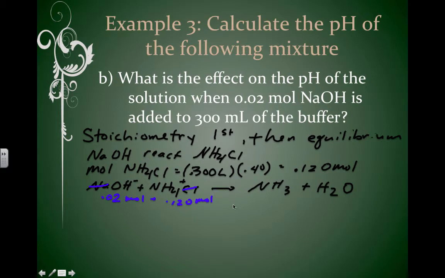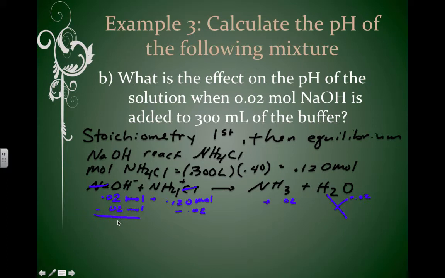It's a 1-to-1 mole ratio, so we know that the hydroxide will run out first. So we lose 0.02 moles, and here I lose 0.02 moles, and here I form 0.02 moles, and water is forming 0.02 moles too, but that's not going to show up in our equilibrium.